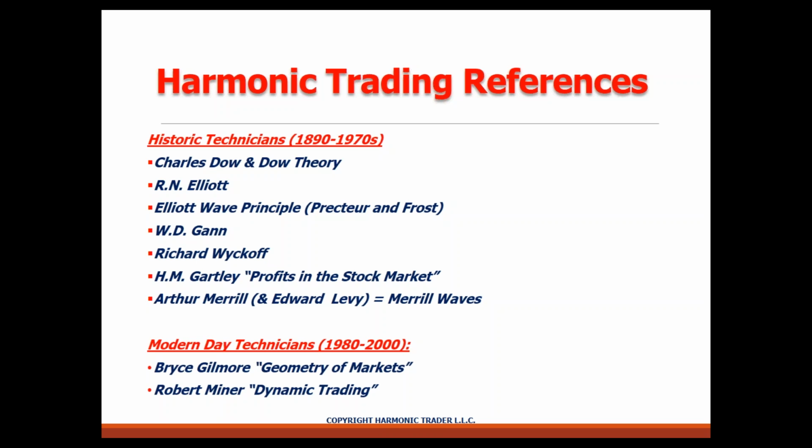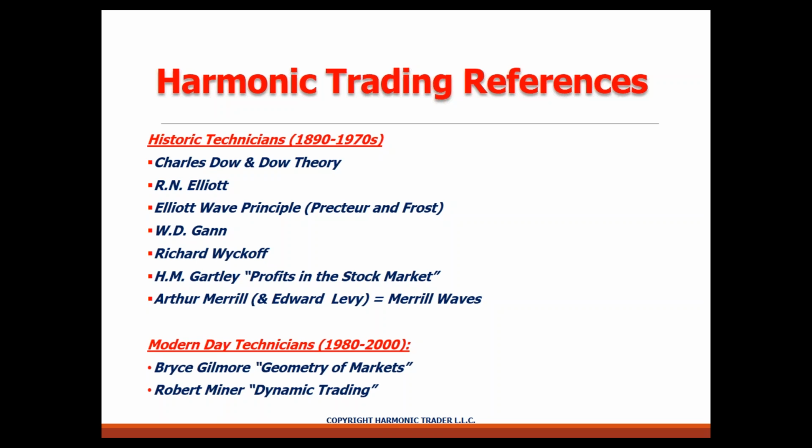Richard Wyckoff is one of the old-time technicians, going back to 1900, and wrote some amazing books. He even wrote some stock market books under a pseudonym called Rollo Tape. Really quite a character, and I recommend all of his books.